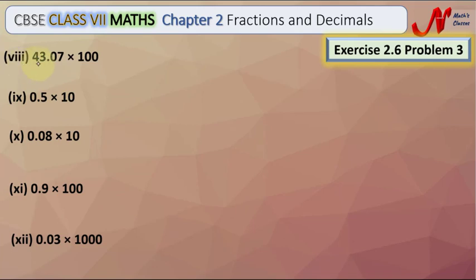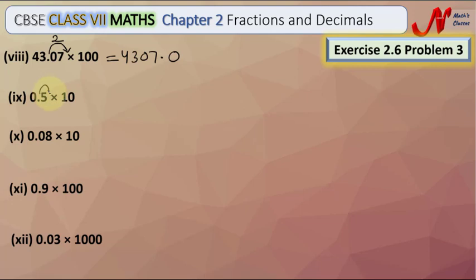In the eighth bit we have to multiply 43.07 with 100. In 100 we have two zeros. So we have to shift the decimal point two places to the right. So it can be written as 4307.0, nothing but 4307. Next, we have to multiply 0.5 with 10, so it has only 1 0.